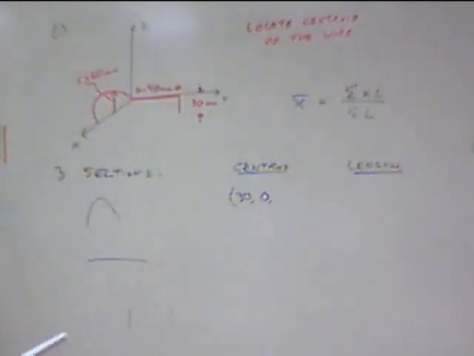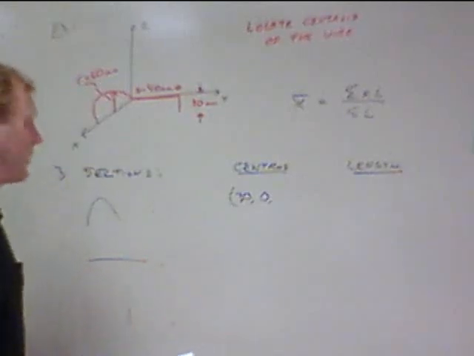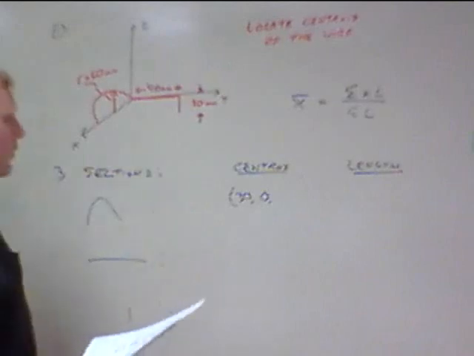The z direction, this is a fairly irregular shape, but for a lot of the standard, more common irregular shapes, hoops, hemispheres, trapezoids, things like that, there's actually a table on the back cover of your textbook that will tell you where the centroid is for a hemispherical hoop.